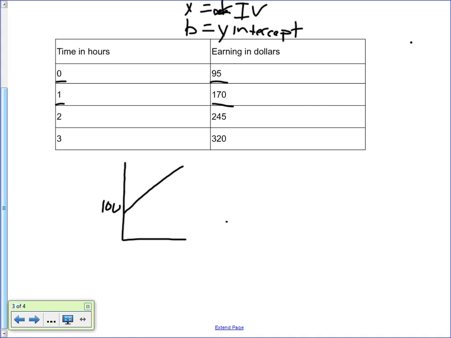Now, to calculate the slope of that line, again, we would need to find some ordered pairs. In order to do that, you can take this value and this value, and these values will give you the slope of the line. So we're going to do an example in which we use the formula y equals mx plus b in order to calculate the slope of this line.